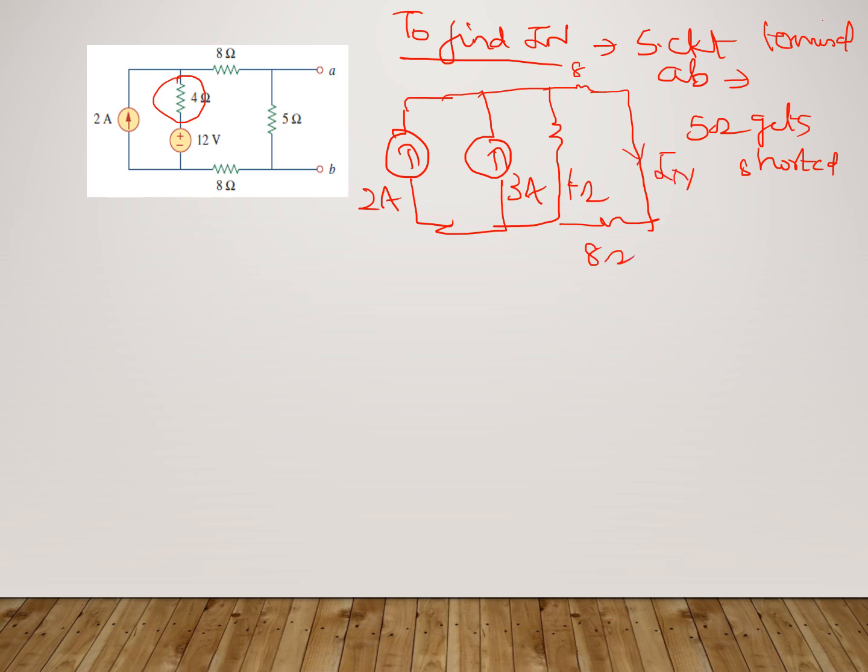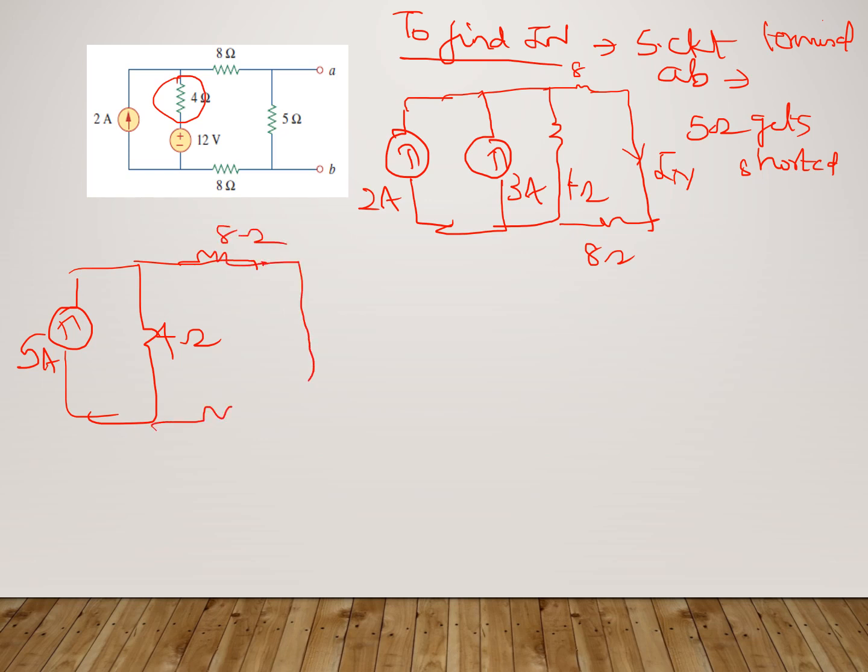Now we can see that there are two current sources, as I have converted this voltage source to the current source here. These two current sources are in parallel, so they give an effective 5 ampere. The 5 ampere current source is now in parallel to a 4 ohm resistance, and the remaining resistances, which are 8 ohm and 8 ohm.